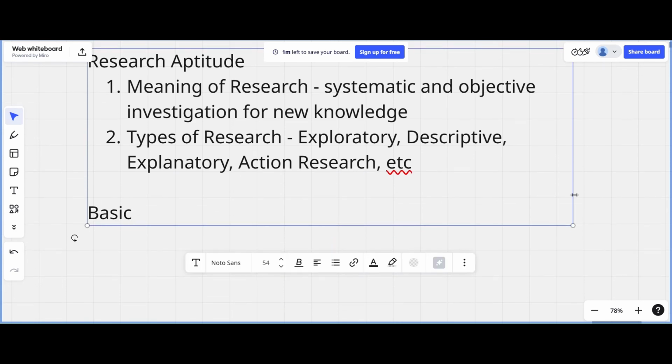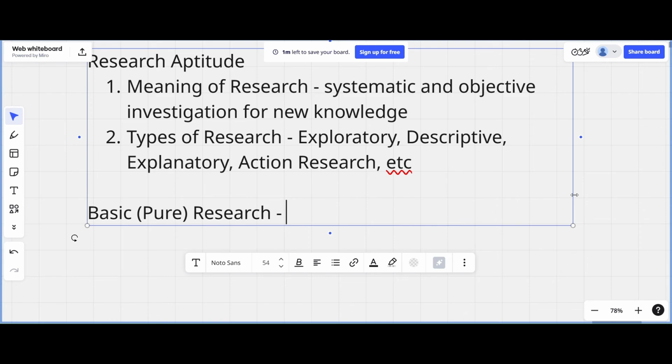Basic research, or pure research. What do you mean by basic or pure research? See, basic or pure research means you want to know the theory, the concept. For example, if you want to know about black holes, or gravity, or human psychology, and you do research on that just to make theory, just to increase your knowledge, to become more knowledgeable.